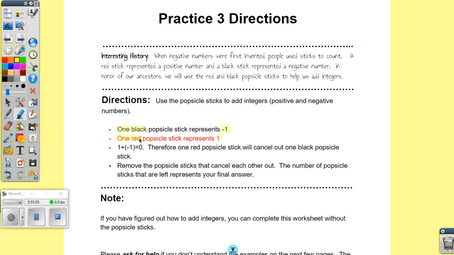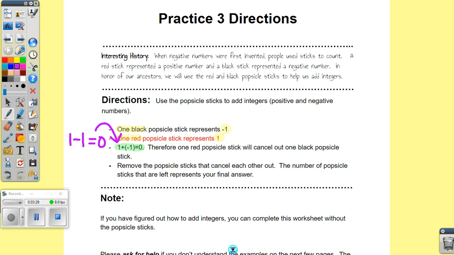One red popsicle stick is going to represent a positive number. And then this is really like the last big rule: 1 plus -1 is equal to 0. And that's equivalent to saying 1 minus 1 is equal to 0. We know that that's true. We also know that 1 plus -1 is also equal to 0.